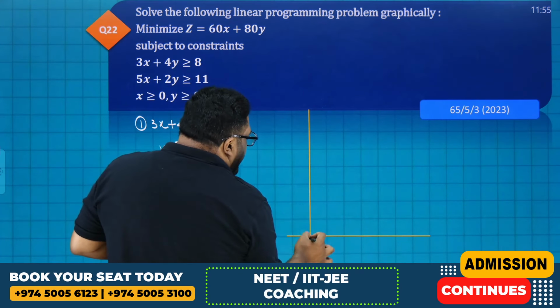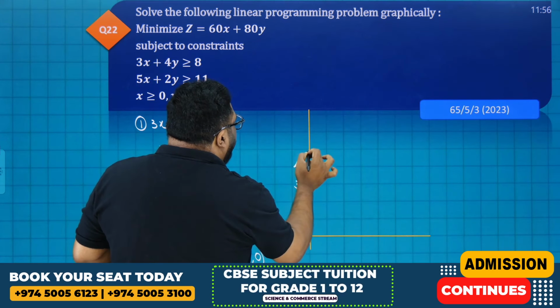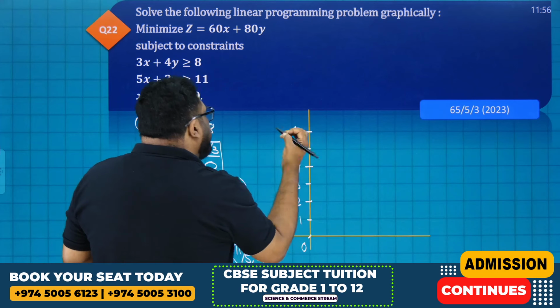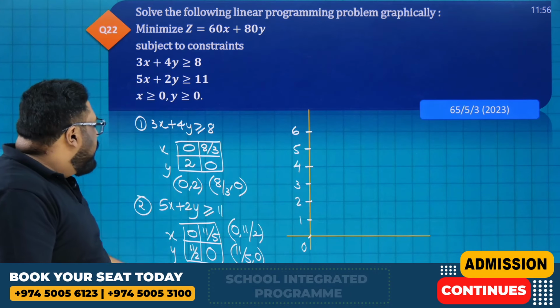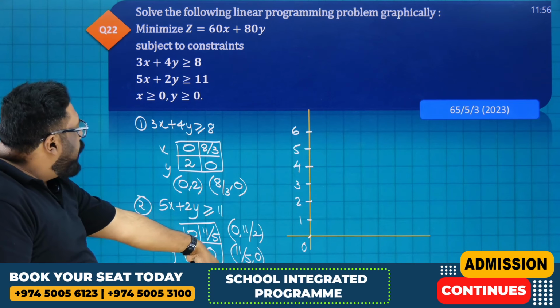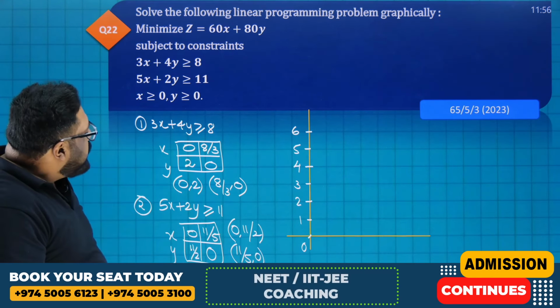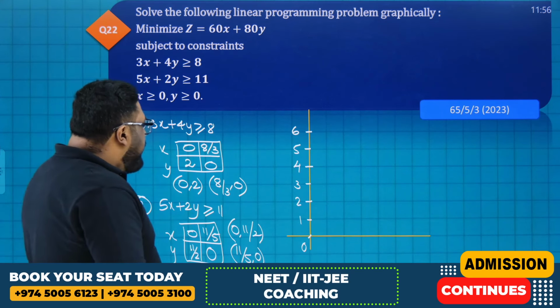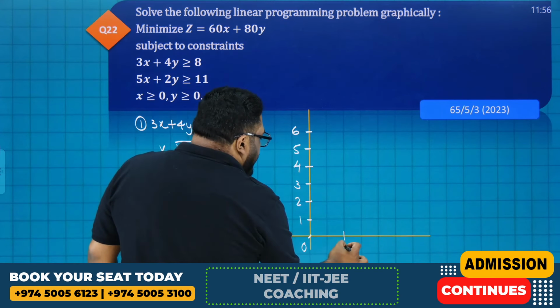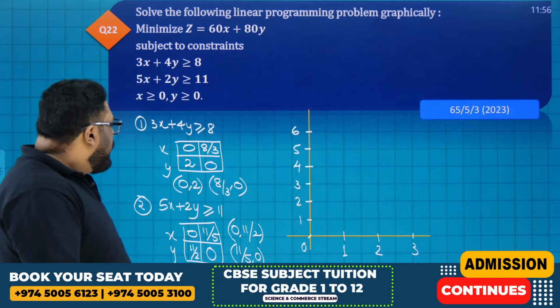So we can mark 0, 1, 2, 3, 4, 5 and 6. The x value maximum, 11 by 5 is 2.2 something, and 8 by 3 is again 2 point something. So the biggest value of x is 2 point something. So 1, 2 and 3.